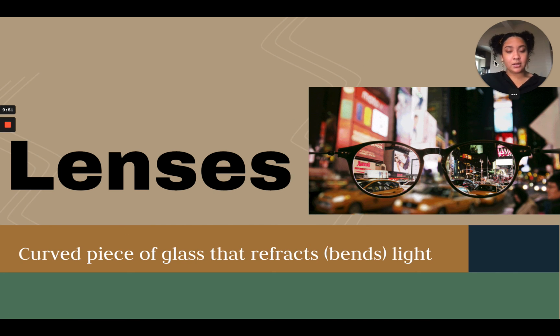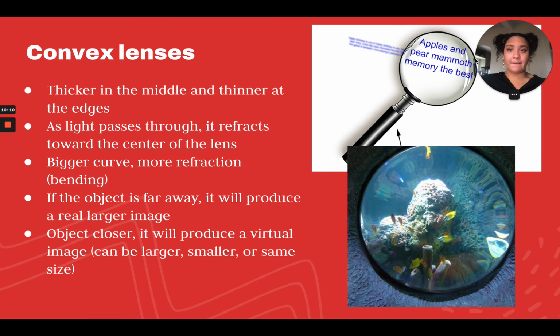Next is lenses. A lens is a curved piece of glass that refracts. Refracts means bending, so it bends light. Again, there are two different types, concave and convex.